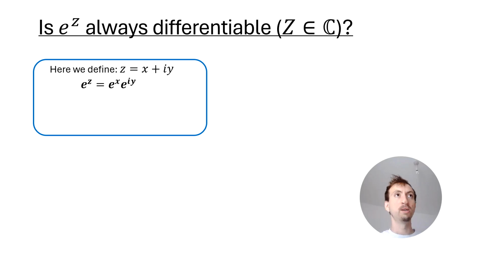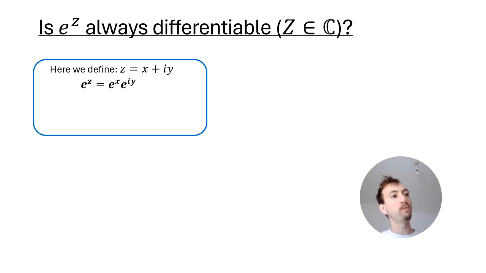For example, we define x to the 0 to be 1 based on extending the pattern of lowering the power means dividing something by x, and that leads to the conclusion that x to the 0 should be x to the 1 over x, which is 1 lot of x over x, which is going to be 1. However, we can't use our intuition to directly work out what x to the 0 should be, because what does it mean to have 0 lots of x? So we extend the rules for powers all the time with real numbers, so it's fine to do it in the complex case as well.